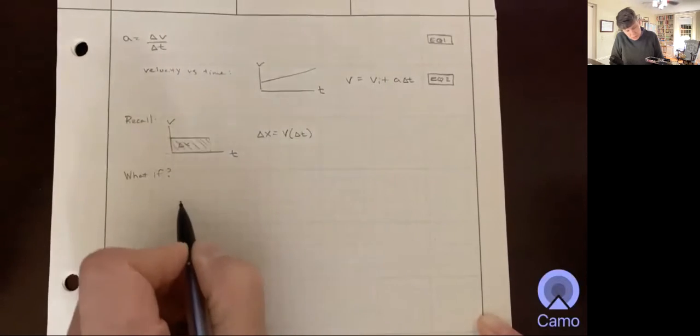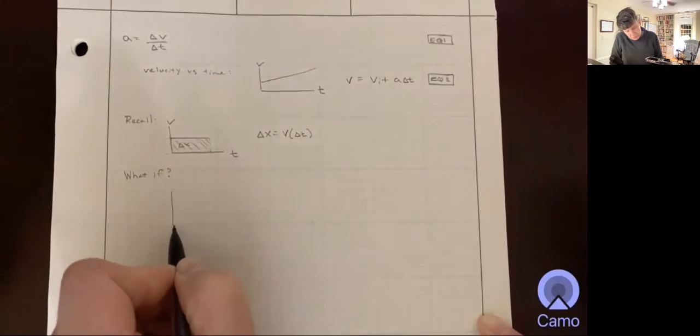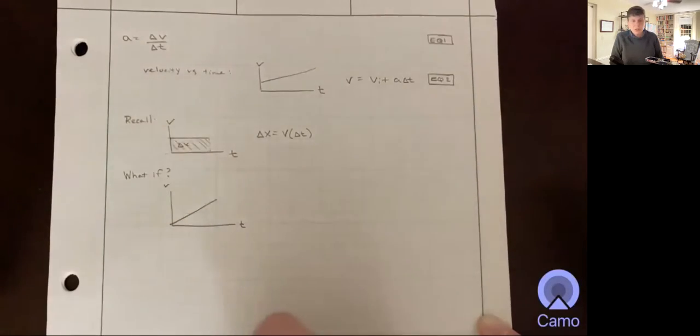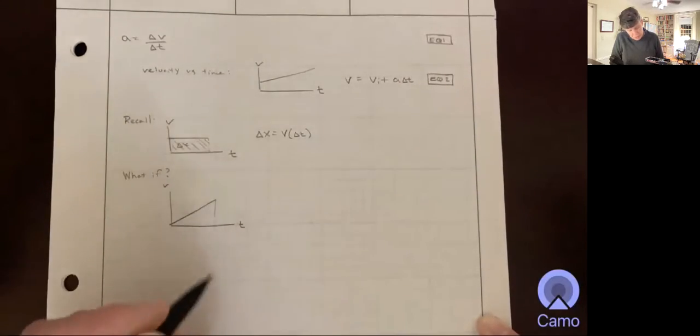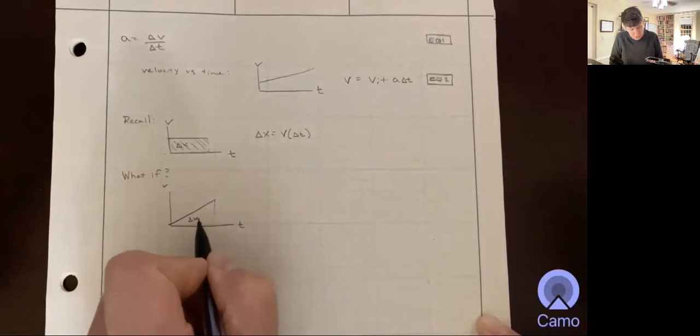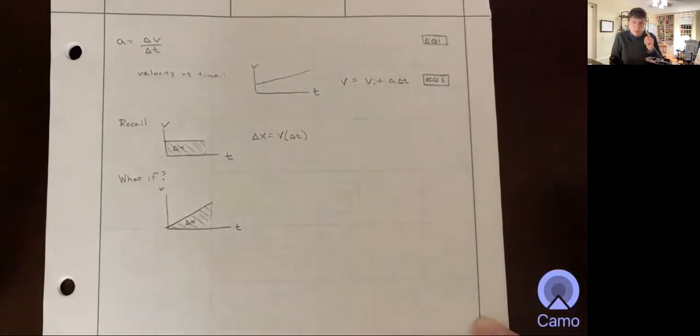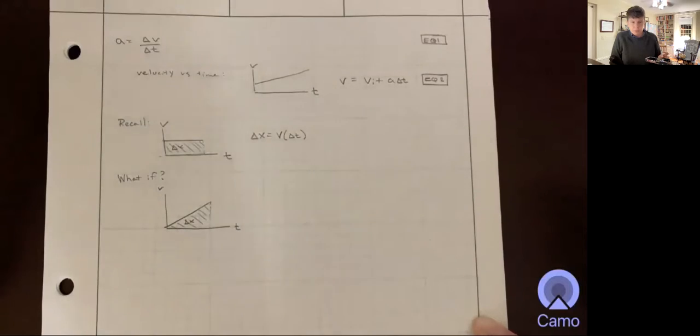But the new thing is, what if we had this? The object is accelerating. Let's say it starts from rest and it accelerates up to some velocity over some amount of time. So we're going to chop this off here at this moment in time. Does it work to calculate this area? Sure. Same approach here, though. This is not a rectangle.